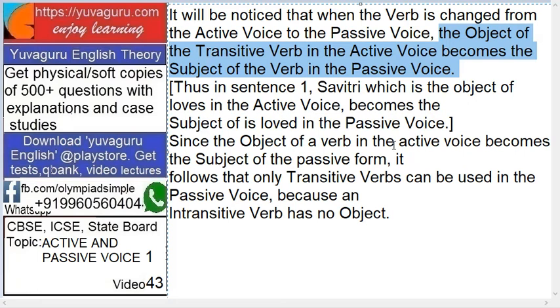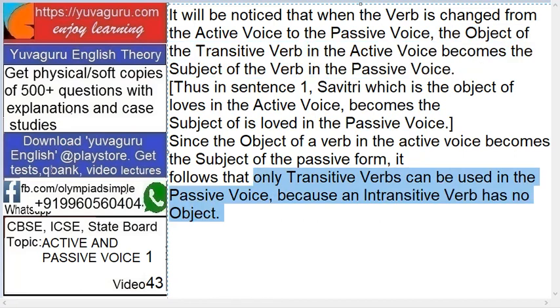Since the object of the verb in the active voice becomes the subject in the passive form, it follows that only transitive verbs can be used in the passive voice because an intransitive verb has no object. This sentence is very, very important. Only transitive verbs can be used in passive voice because an intransitive verb has no object.